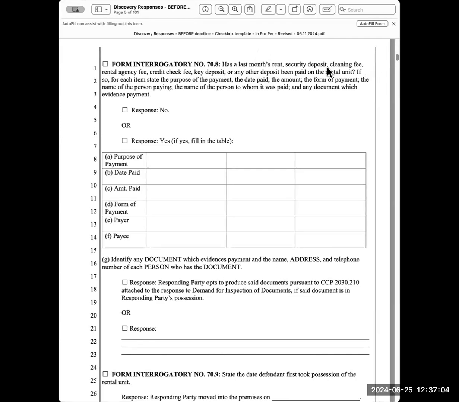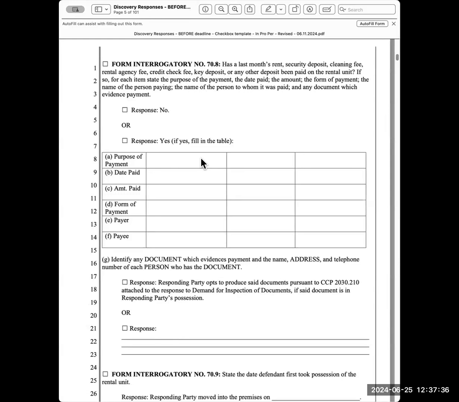There are also these other types of fees that could have been paid to the landlord or property manager. And if so, if you have one or more of these that you paid, you check here and you fill in the chart. The purpose of the payment would be whether it's last month's rent, security deposit, a key deposit.